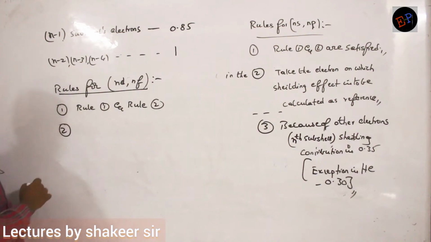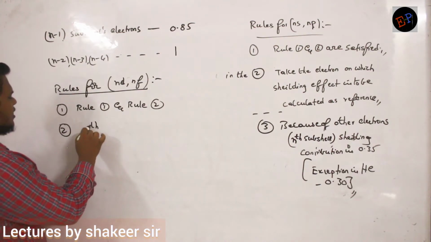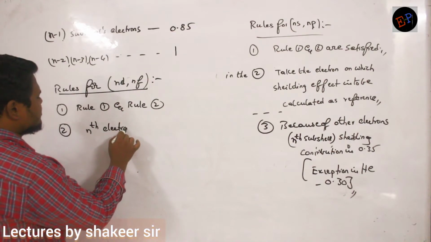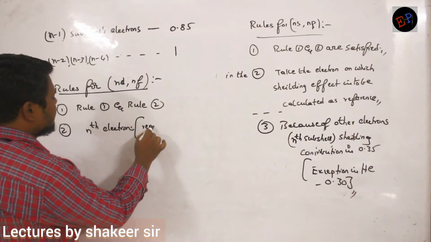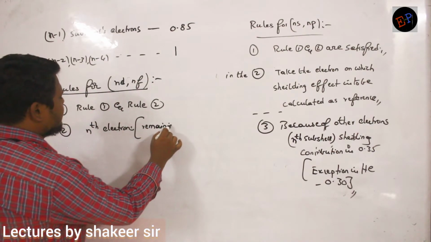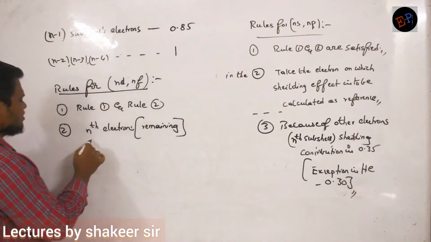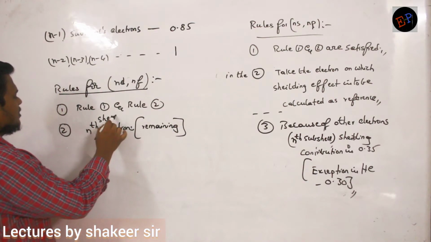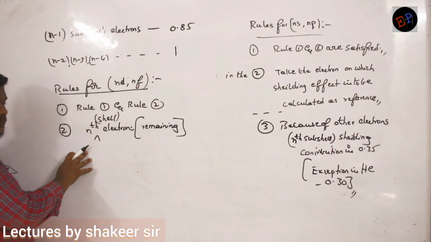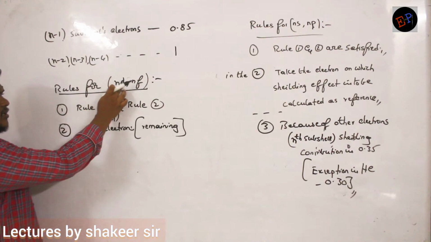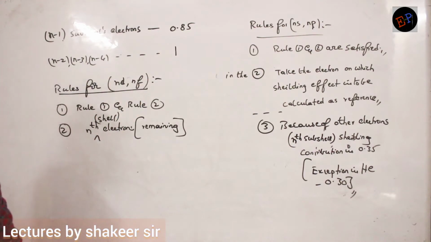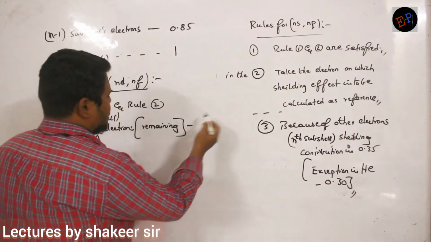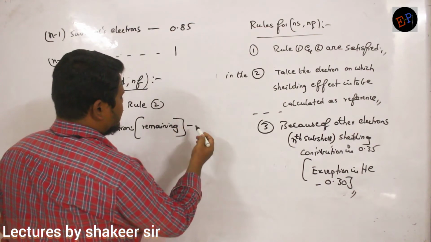Then the next rule, for the remaining nth shell electrons. Nth shell means that shell where we are calculating the shielding on d and f, the same shell. What is the screening constant?